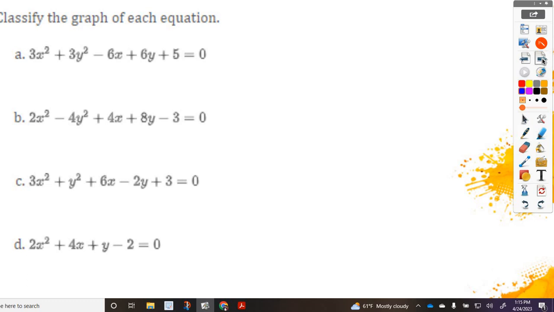Alright, so what's our first one? It's a circle, because they're being added. They're both squared, but they both have a 3 in front. What's our next one? It's a hyperbola. They are both squared, but we have subtraction there.